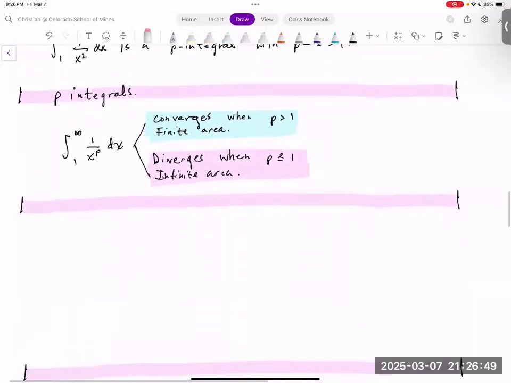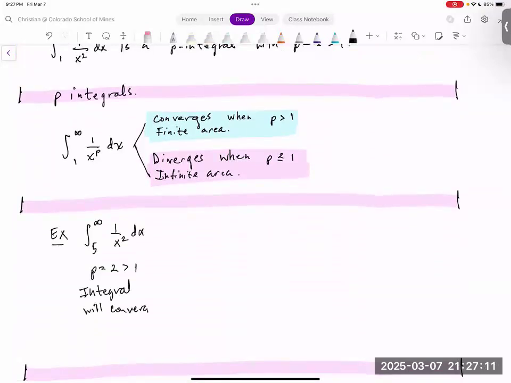So if we look at the integral from 5 to infinity of 1 over x squared dx, this is a p integral, and the p is 2, and that's bigger than 1. This integral will converge. We know if we set up a limit, the limit will exist, but we just don't know yet what the limit will be until we evaluate the limit.